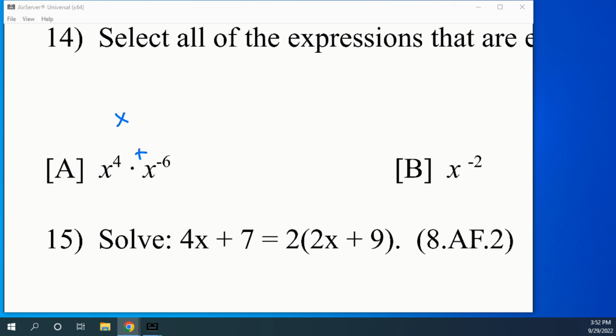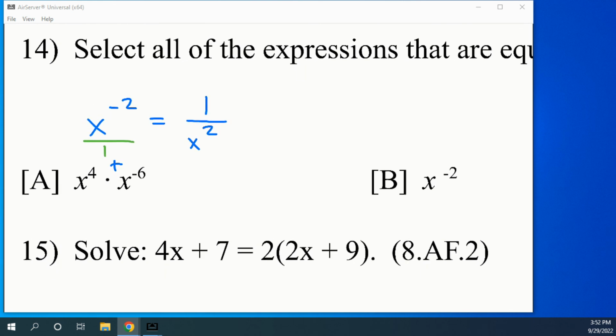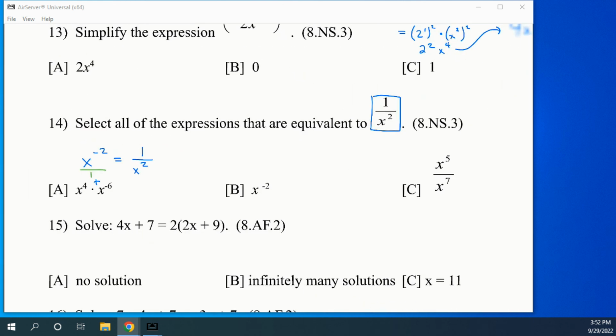So this would be 4 plus negative 6, which is x to the negative second power, okay? Which, if we're trying to get all positive exponents, like I talked about on one of the previous ones, when you have negative exponents, flip them, okay? So you're going to use that negative exponent to where this becomes 1 over x squared, which is what we were looking for. So A will work.